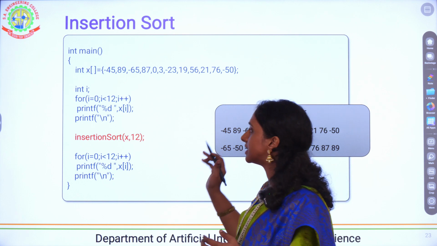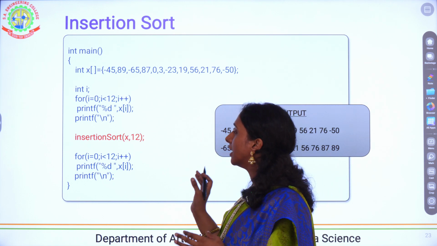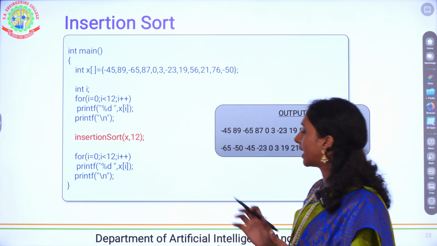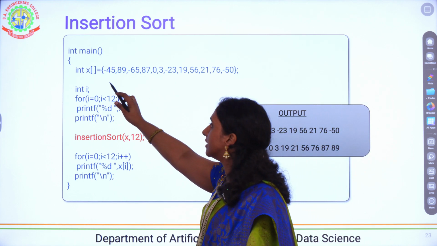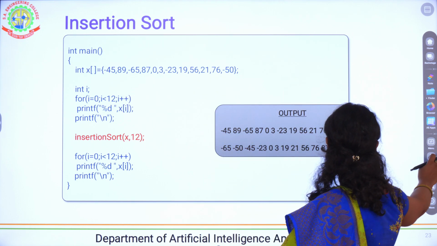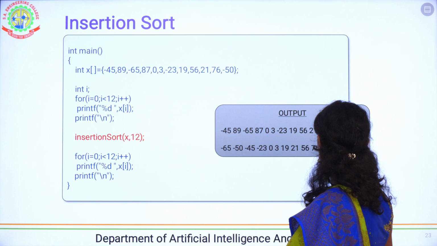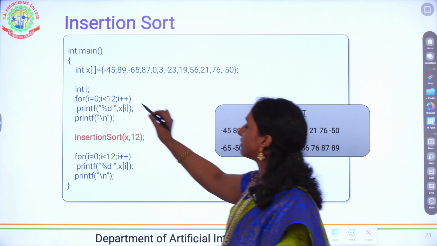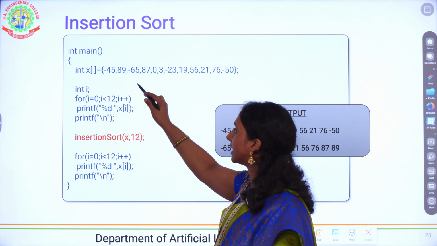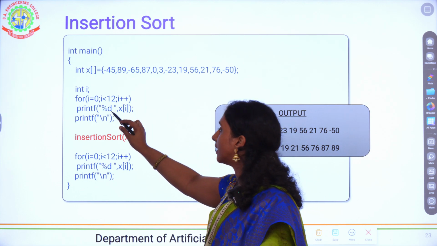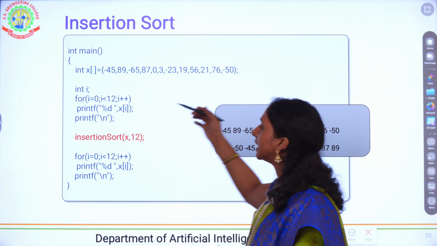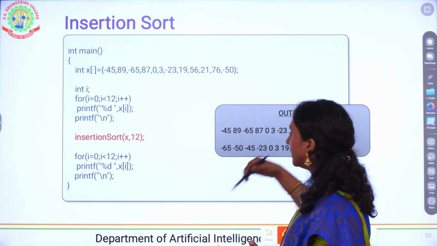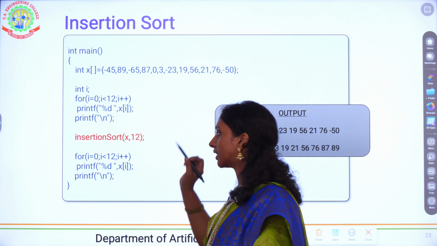So from here, if we see the example using one program, here you can see we have taken this array of elements where we are writing code for printing the elements as they are, and then we are calling the insertion sort algorithm.